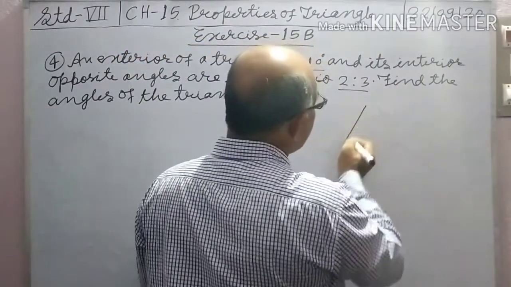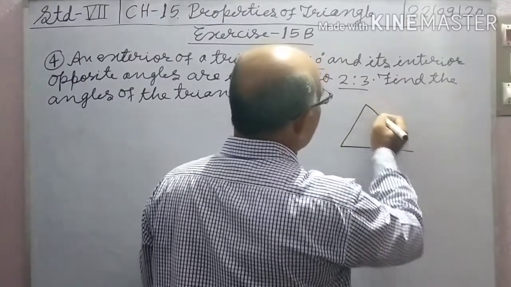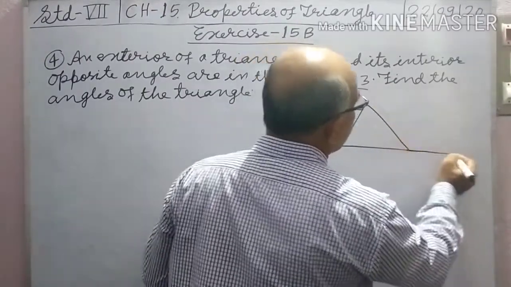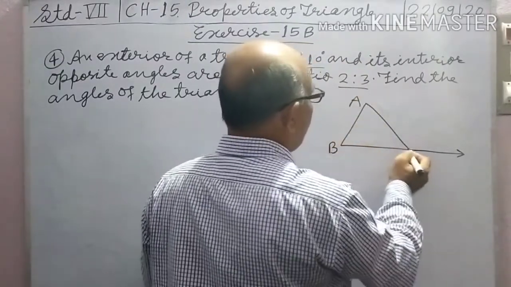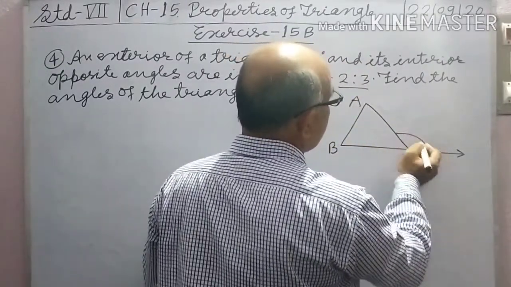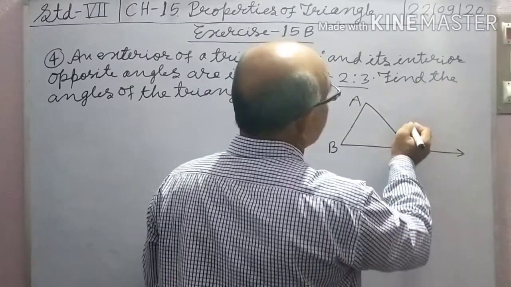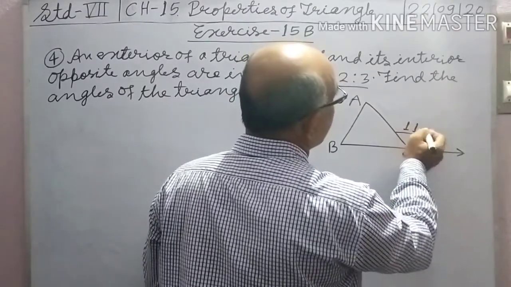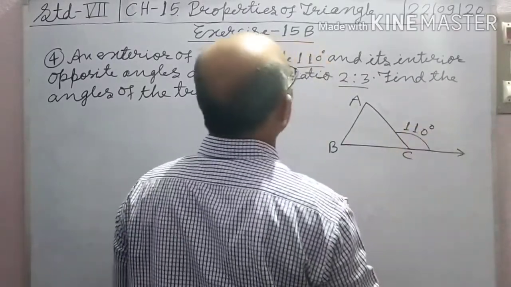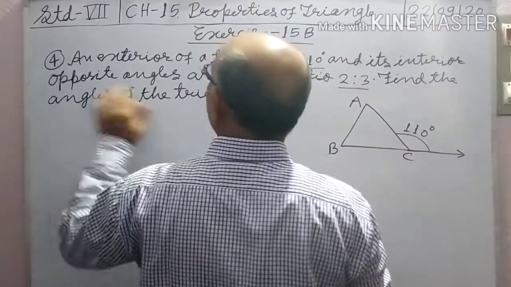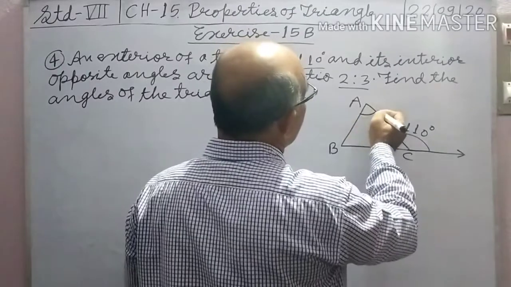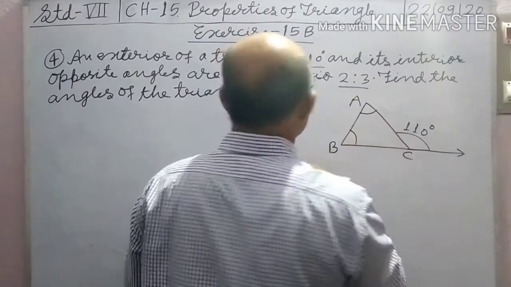Let ABC be a triangle. Exterior angle is 110 degree. Its interior opposite angles are angle A and angle B.